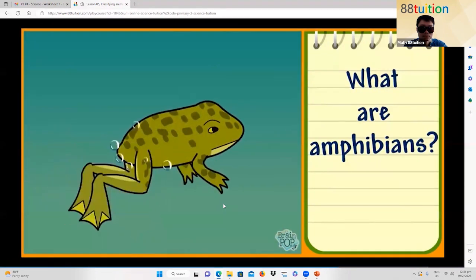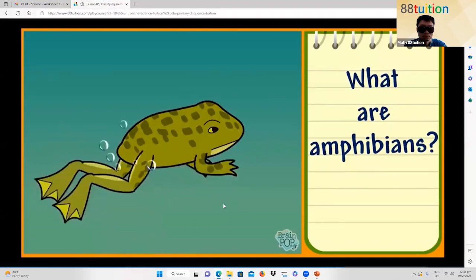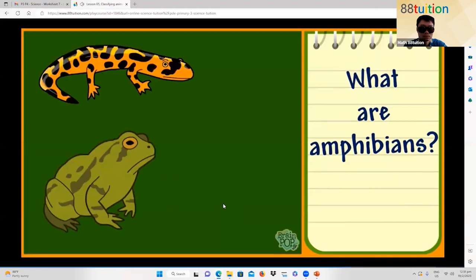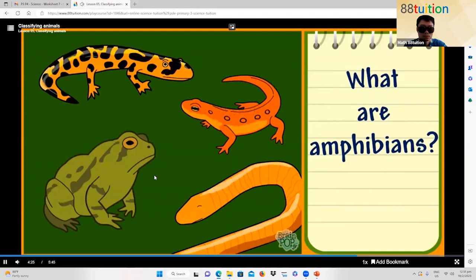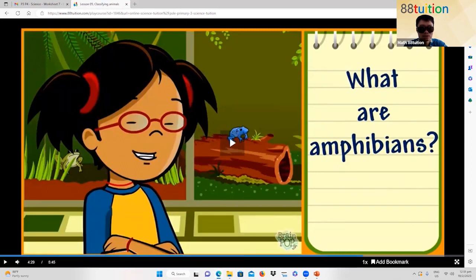Many amphibians can breathe underwater through their skin, which takes oxygen out of the water. Toads, salamanders, newts, and caecilians are all types of amphibians. Amphibians are cold-blooded.